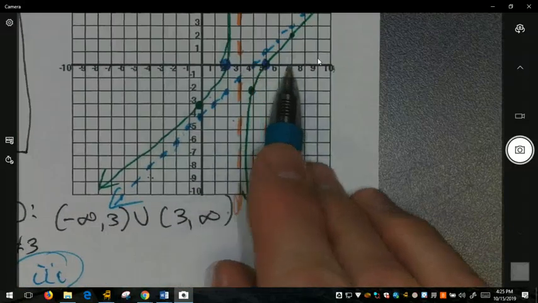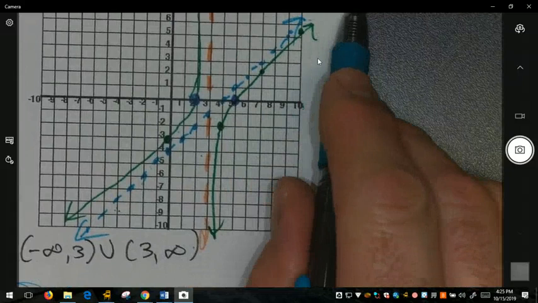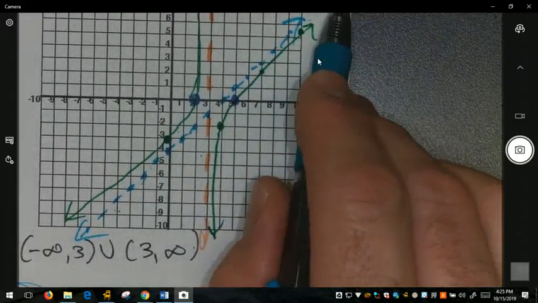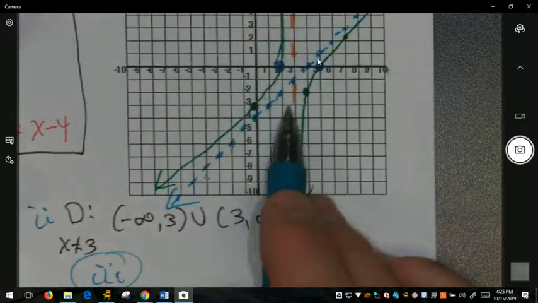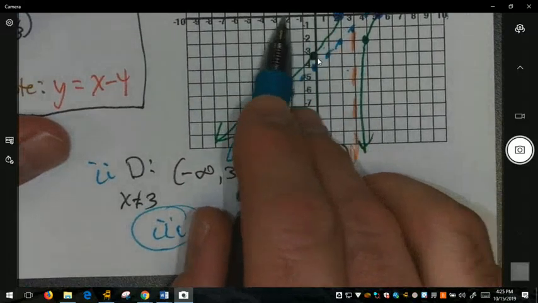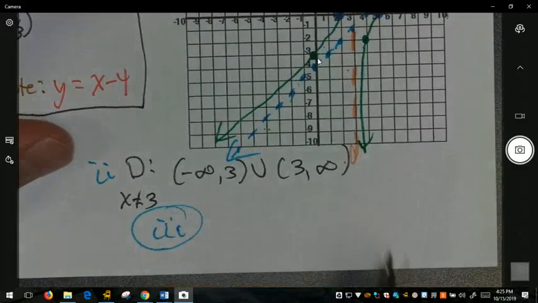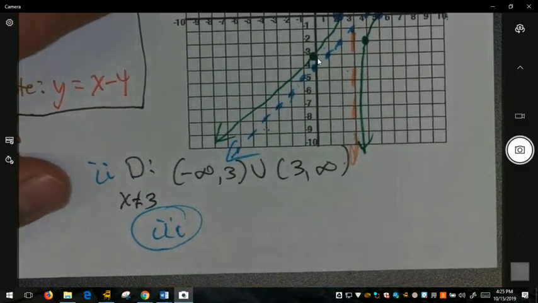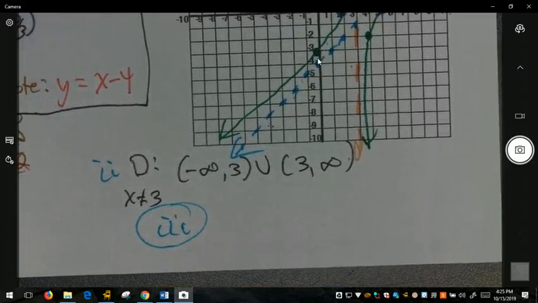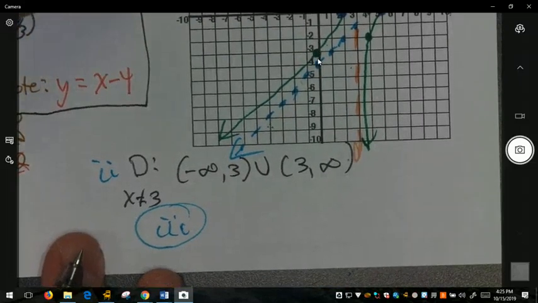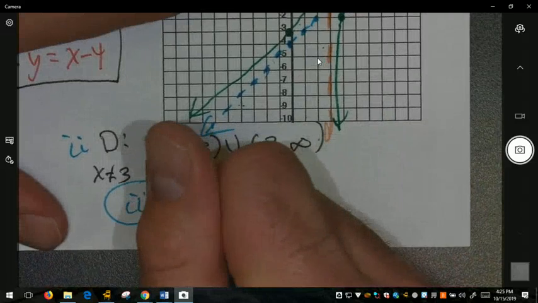As I go to the right, it's going up infinitely as it follows that line with the positive slope. And as I go left more and more, it's going down infinitely. So the end behavior is not limited by a slant asymptote, only by horizontal asymptotes.